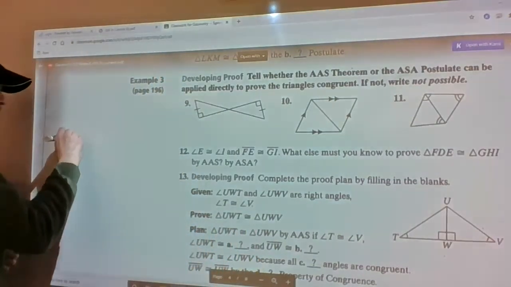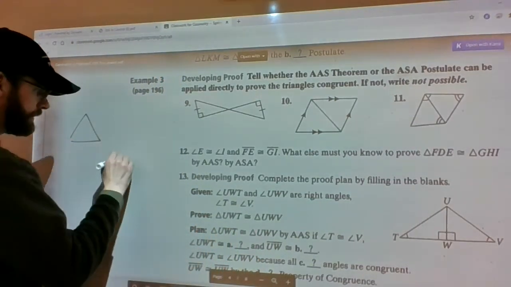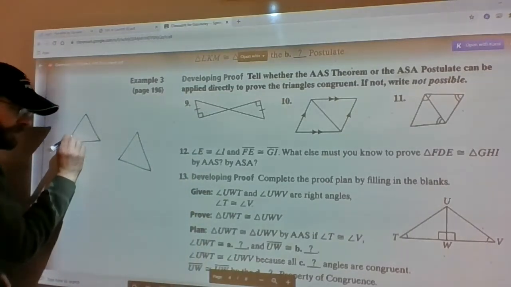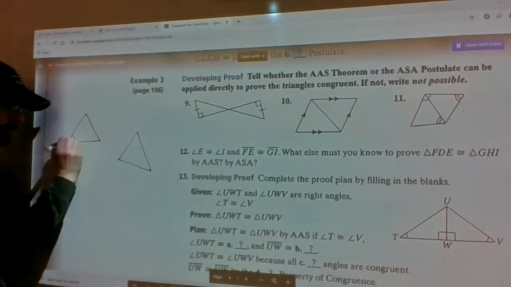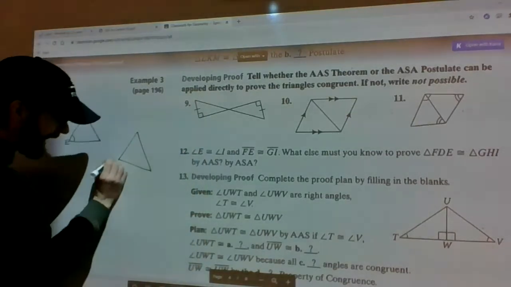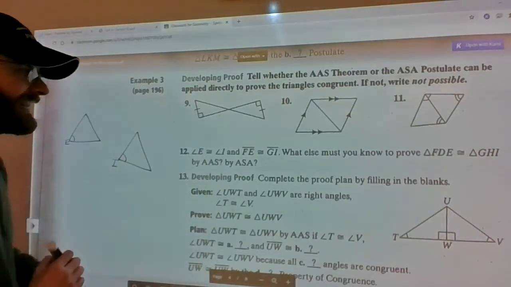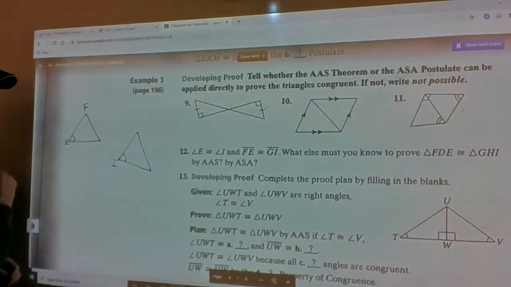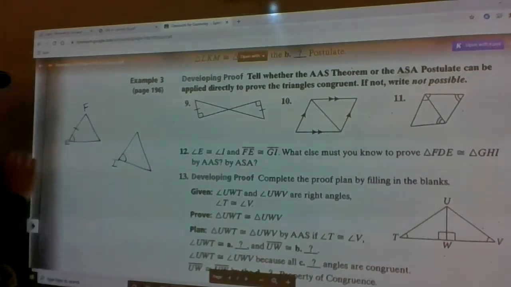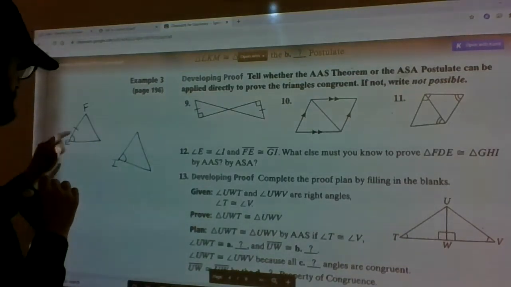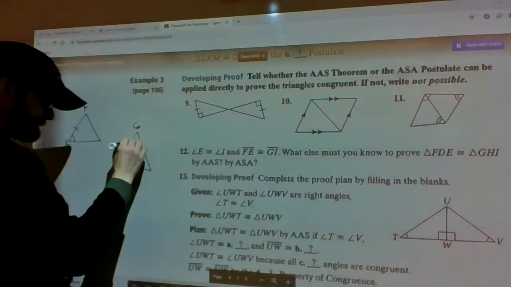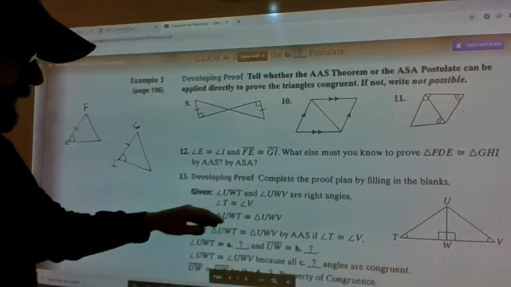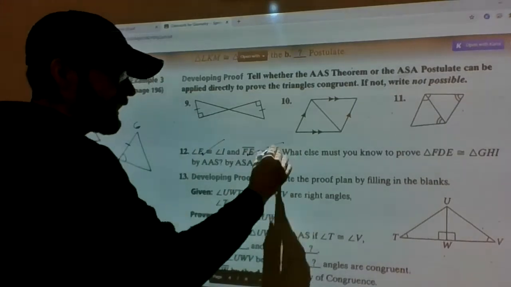So I'm going to draw, here's one triangle, here's the other. Let's just say that this is angle E, and it is proven congruent to angle I. It's a given. FE, so I'm just going to make this F right here. This side is congruent to GI. I'm just using the information that they gave me originally right here. So check that, check that.